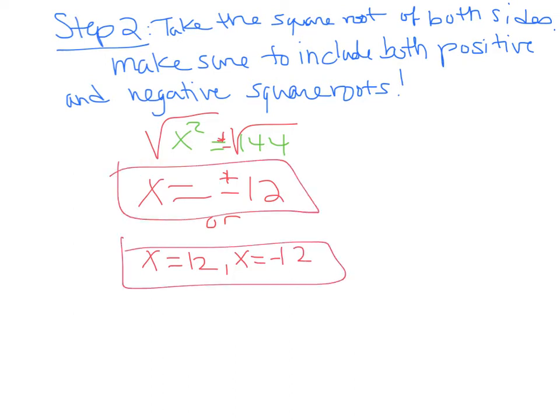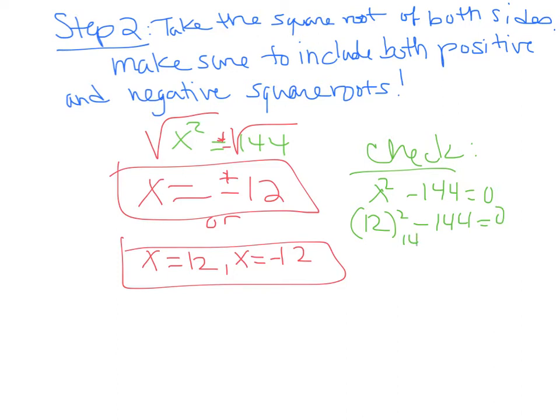So the reason that it works out, I'm going to show you how to check your answer. This is kind of a side thing. We started off with x squared minus 144 equals 0. The reason that you have two answers is because if you put in positive 12, you do get 144 minus 144. That's good, which is what we want.